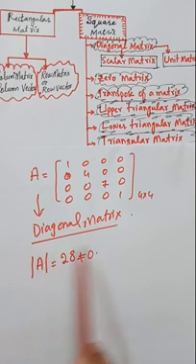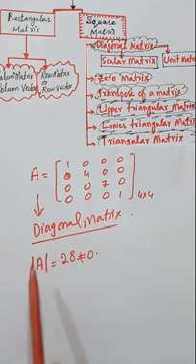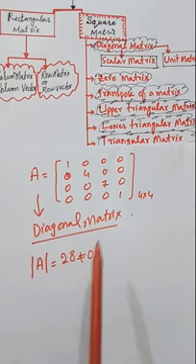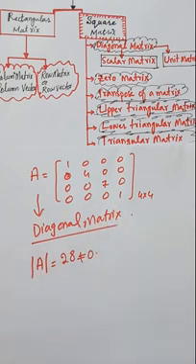So if a matrix is a diagonal matrix, then for its determinant you need to multiply the diagonal elements. When you multiply the diagonal elements you will get the determinant.